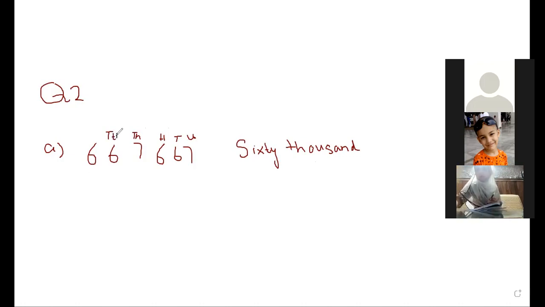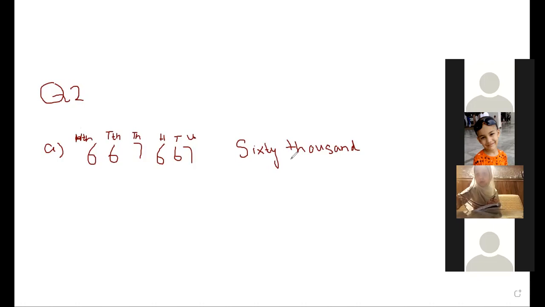That is 10,000, and the last one is 100,000. H means 100, and TH means thousand. So I have to circle which digit? The place of 60,000.